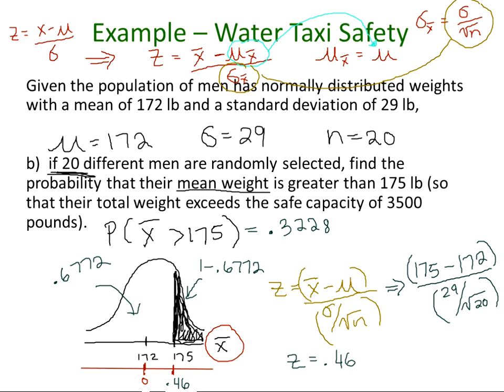Here it's the probability that when 20 different men are randomly selected, their mean weight is more than 175 is 0.3228. So we're talking about a group. The probability that the sample's mean is greater than 175 is 0.3228.